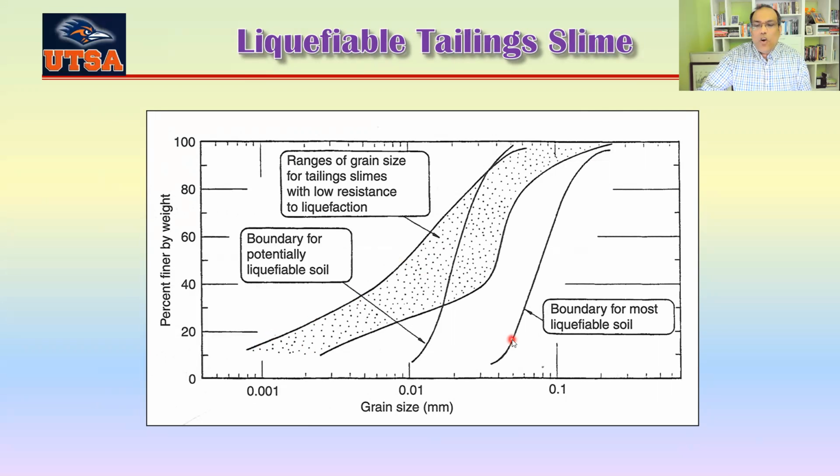So this is for normal soil, okay? But this one is for tailings slimes, okay? So you have to consider this if you want to fill your embankment with tailings slimes, okay?